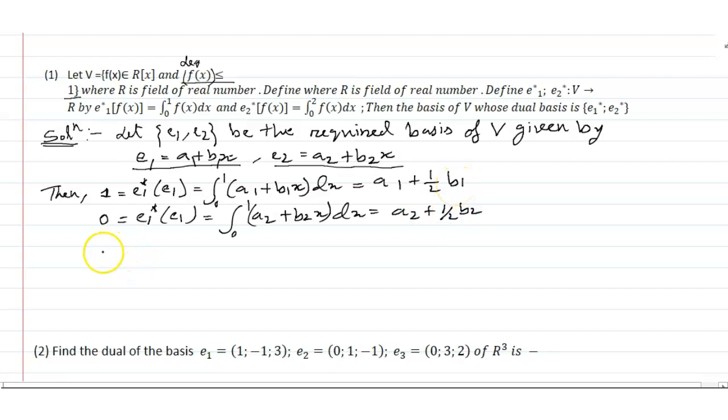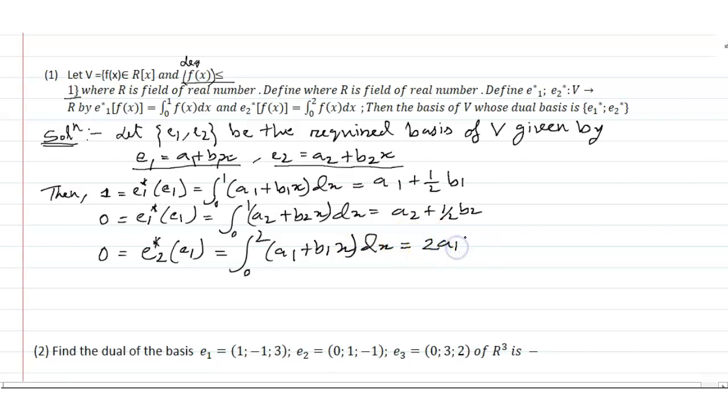And 0 equals E2 star E1, equals the integral from 0 to 2 of (A1 plus B1x) dx, equals 2A1 plus 2B1.